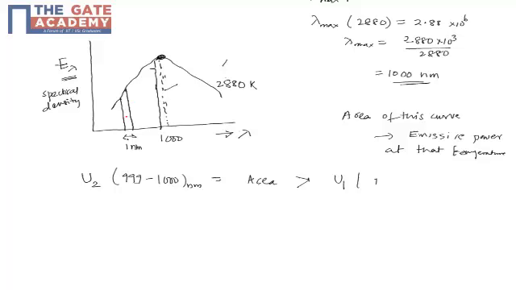This area is obviously less than the area between 999 and 1000. This can be seen because it peaks at 1000. So between 999 and 1000 it will emit more energy than somewhere far away. So U2 is more than U1. This is a very good question, conceptually a good question. Thank you. Answer is option D. Thank you.